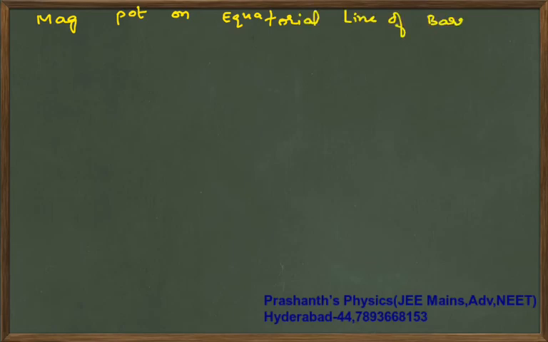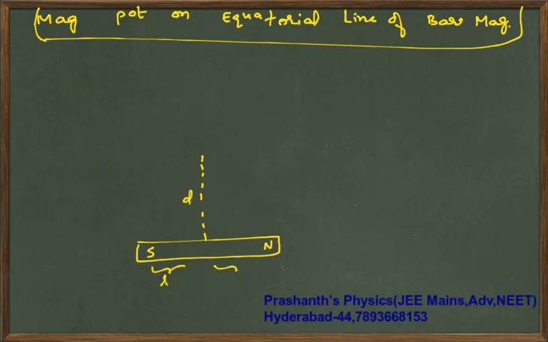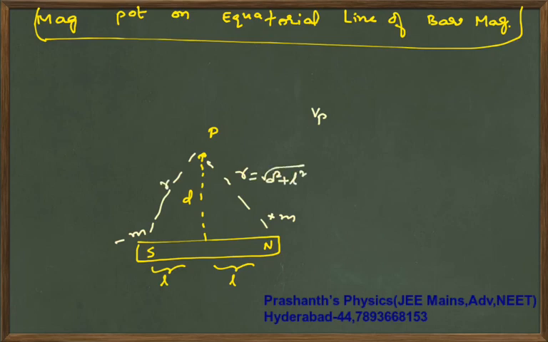Now if you have a bar magnet, if this pole is south pole and this is north pole, if this distance is d, this is L and this is L, your potential at this point is, because of the positive north pole it is plus m, because of the south pole it is minus m. Your distance is the same for both, your r is under root d square plus L square.